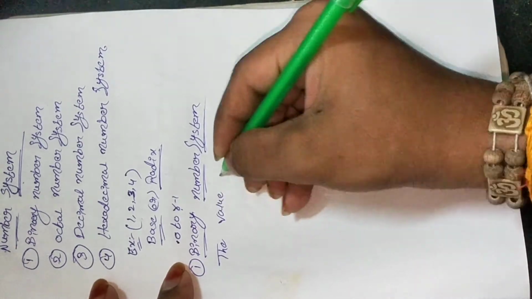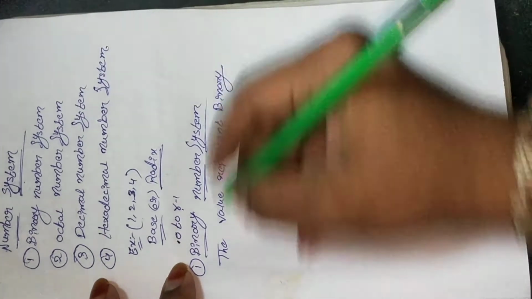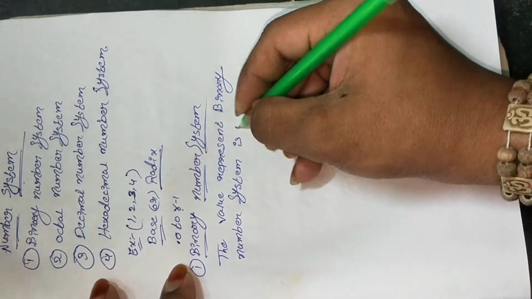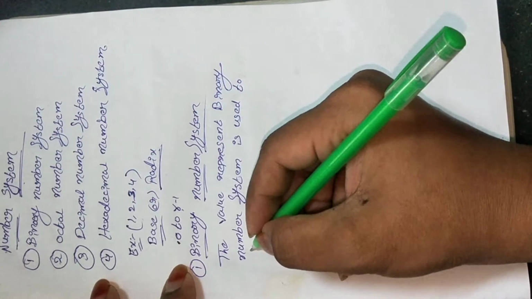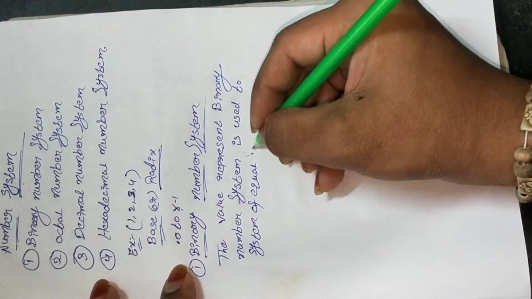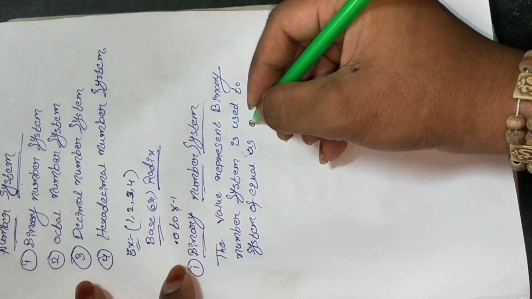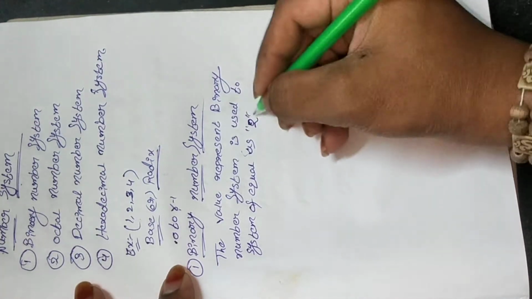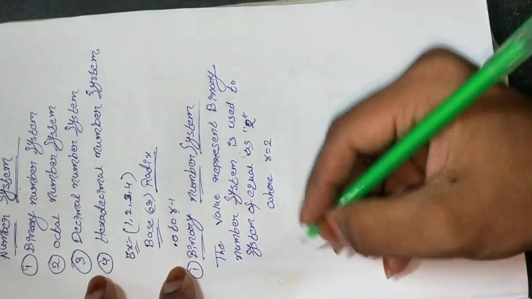The value represents the binary number system, which is used to define the system of equal as 2, where r equal to 2.